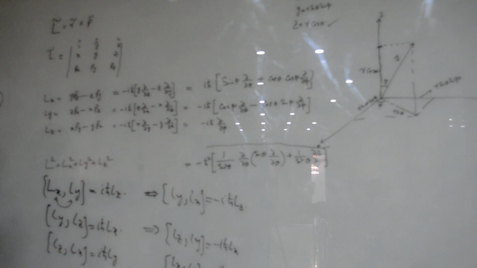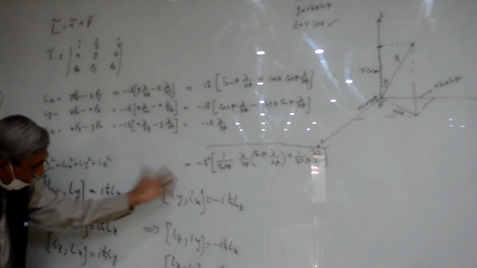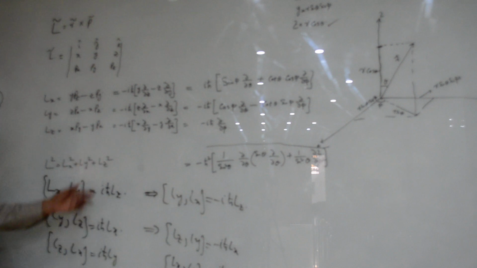So if you go in the opposite direction, y to x, z to y, x to z, you change sign there.